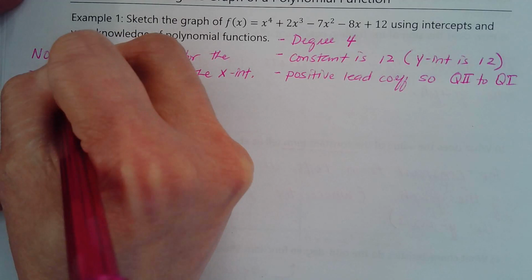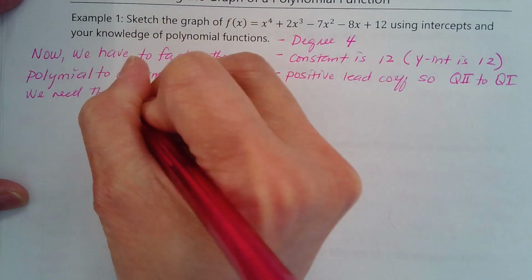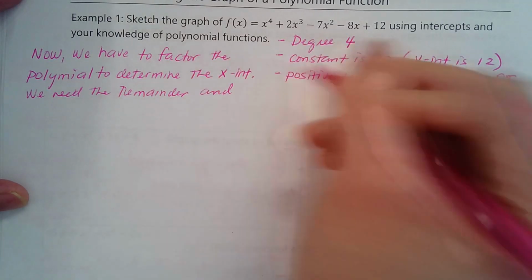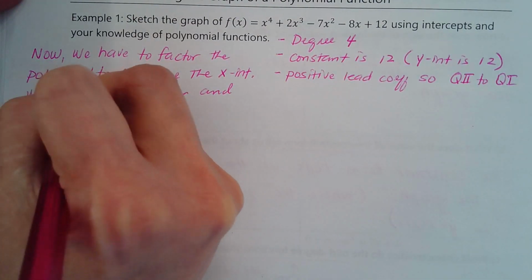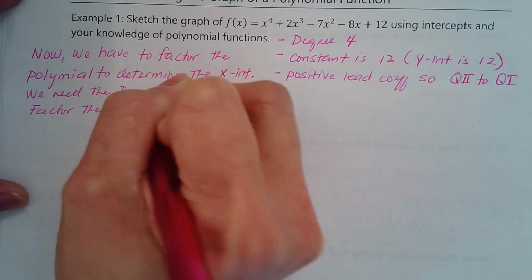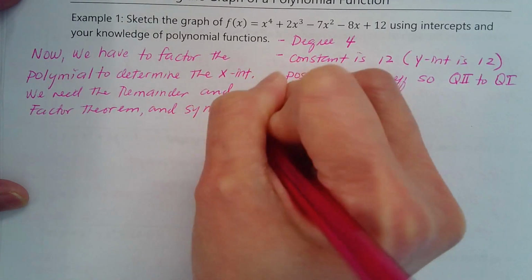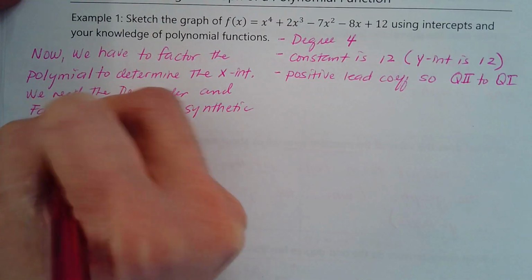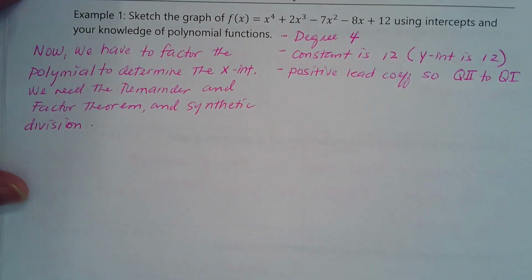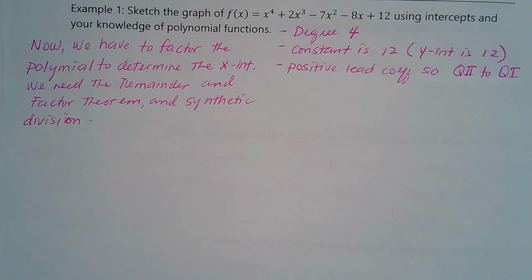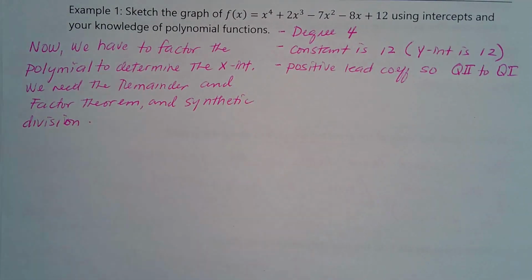We need the factors of 12, the remainder theorem and factor theorem, and we also have to do synthetic division. All the fun stuff that we did last week. All the great stuff we learned. So how do we figure out one possible factor?